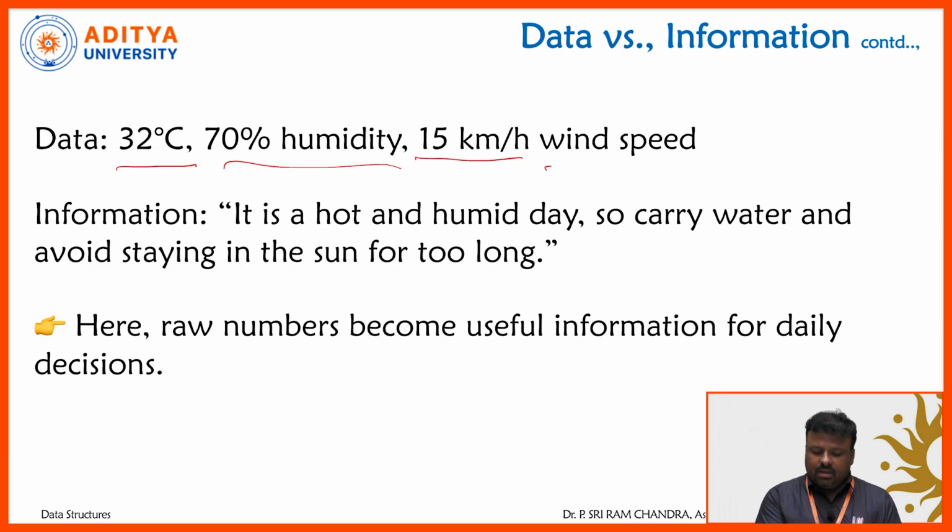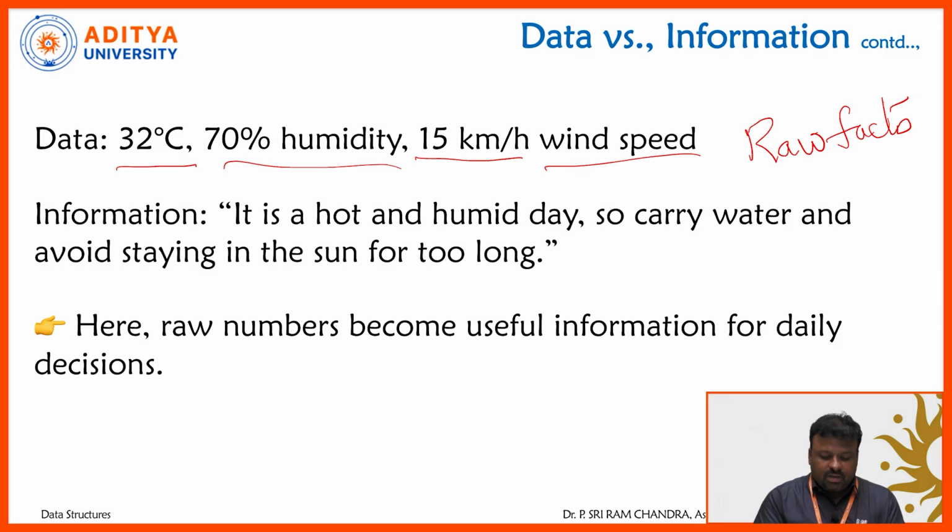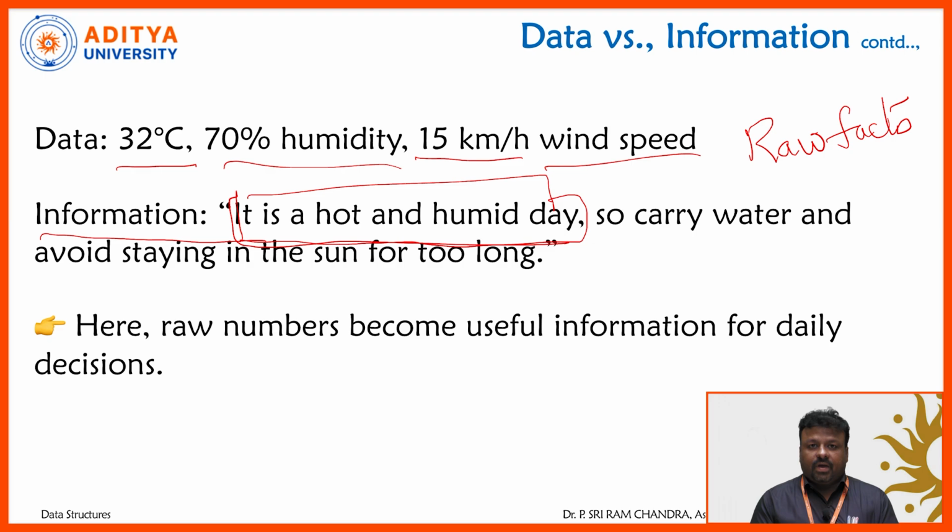These are the raw facts that we collected, but to gain information from this, we need to do some processing on it. 70% humidity and 32 degrees centigrade temperature clearly indicate that it is a hot and humid day. This is the information that we processed from this data.